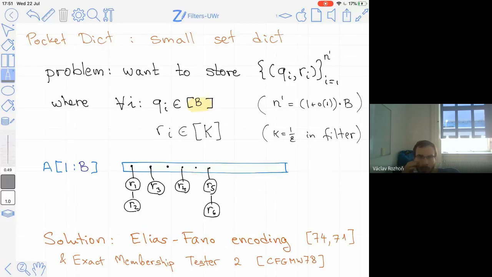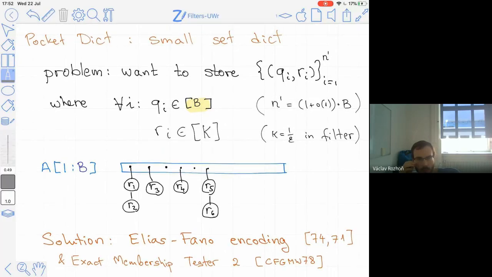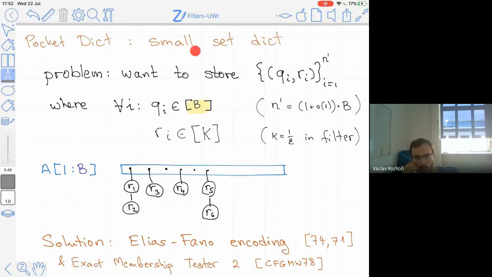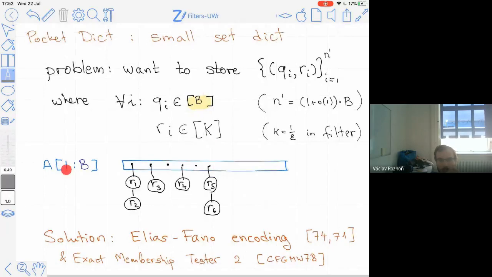A second issue is you want to manage these bin dictionaries, which are small set dictionaries. For this, we propose a dictionary which is called a pocket dictionary. So basically, you want to store these pairs qi, ri. Every qi is from a certain range. Every ri is from a certain range. And you have an array. R1 and R2 have the same Q. R3 has this Q, and so on and so forth.